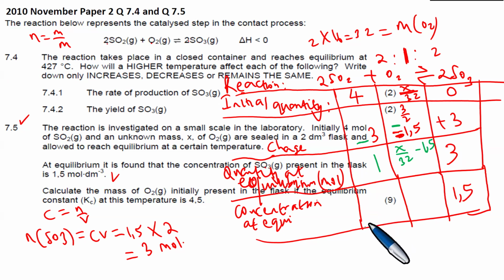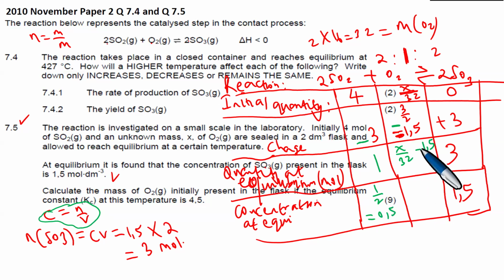Now, what is the concentration? We're going to use our old friend, the formula: concentration is number of moles on volume. For this one it's over the volume, which is 0,5 here.